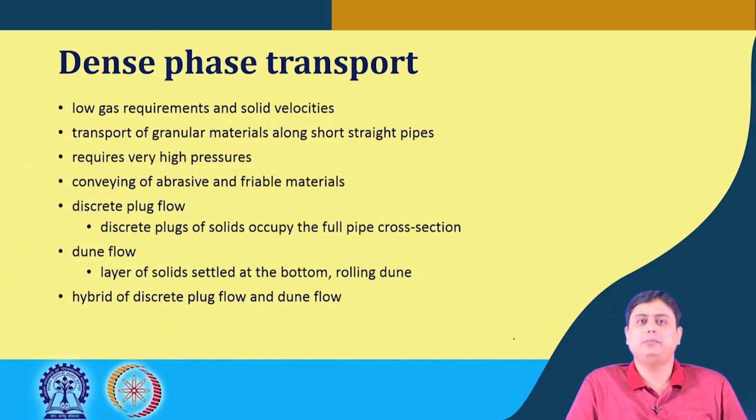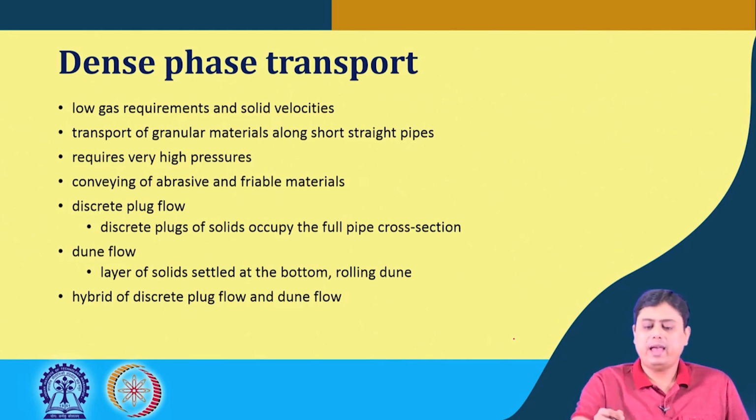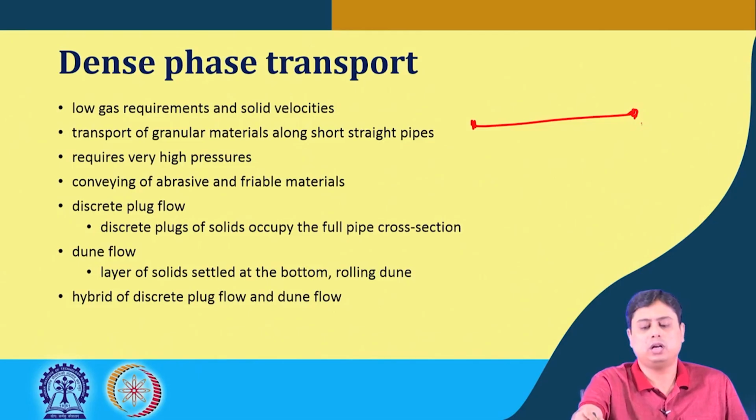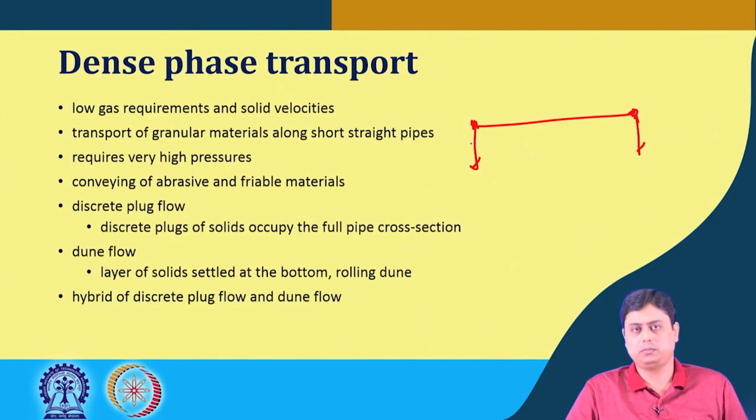It requires very high pressure, but it can be useful in conveying abrasive or friable materials, because the velocities are low, so the attrition and corrosion are lower than in dilute phase transport. So we have two extremes basically: one is the dilute phase transport, and one is the dense phase transport.